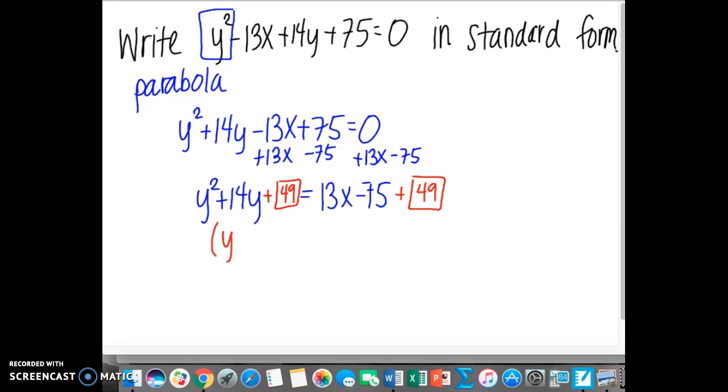Since 14 divided by 2 is positive 7, we're going to have y plus 7 quantity squared. And then equals 13x. If we take negative 75 plus 49, we end up with negative 26.